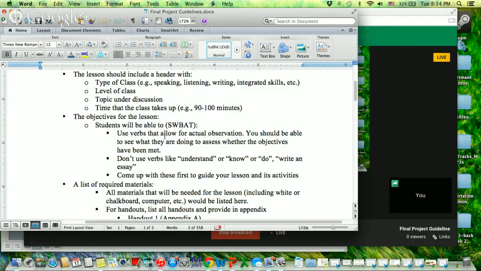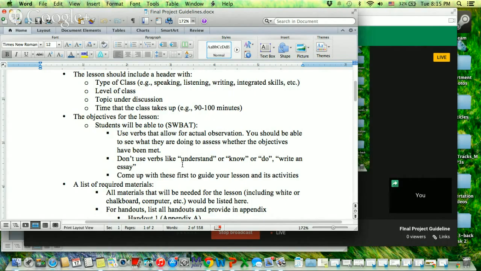For this, you want to make sure to take some time to actually figure out what the objectives are. Once you come up with a list, I'm happy to have you send it to me so I can help you edit it if you need to. In fact, I would highly encourage you to do that, just because these are probably the hardest things to come up with before you actually start looking at the rest of the lesson.